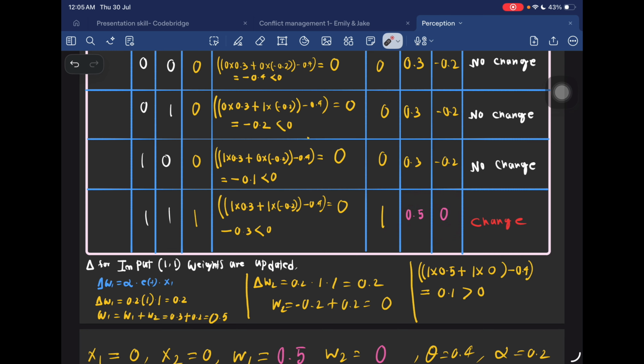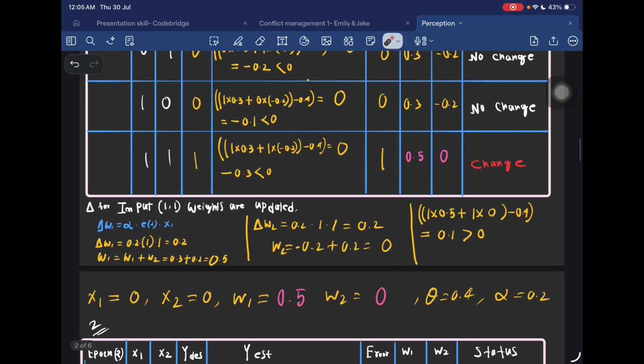So that our desired outcome and estimate outcome become the same. That's for the input 1, the weights are updated. This is our formula to change our weight: delta W1 equals learning rate times error et, where t stands for term, times the first feature x1.